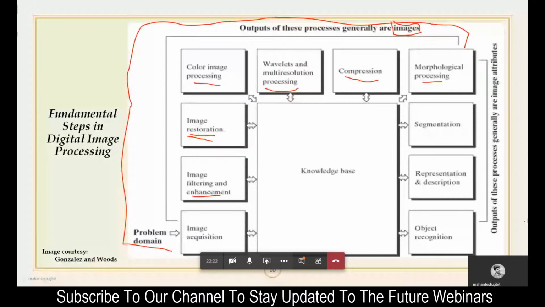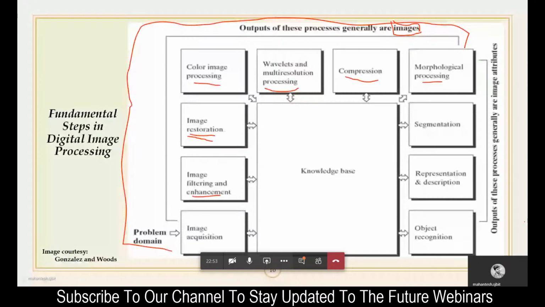All these blocks of digital image processing are connected to a knowledge base. This knowledge base may be as simple as detailing regions of an image where the information of interest is known to be located, and it interacts with all the stages of digital image processing, saving or seeking the information and storing it in the knowledge database.